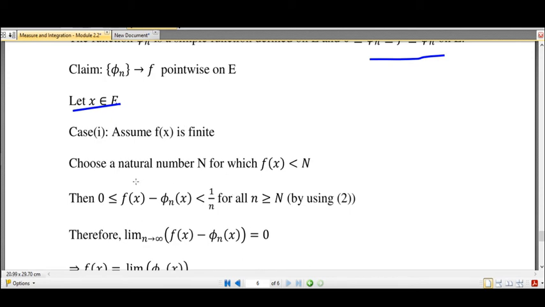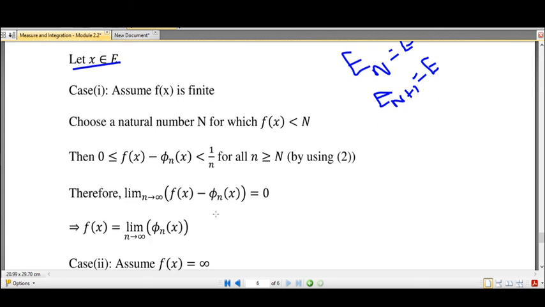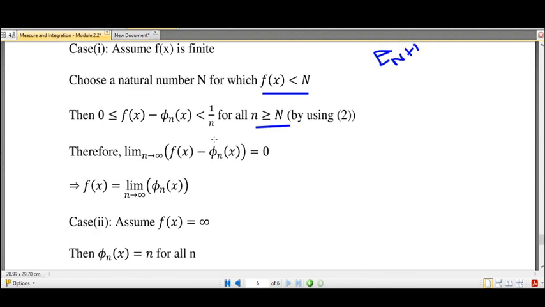Then we choose a natural number capital N for which f of x is less than N. Then f of x minus phi n of x is greater than or equal to 0 but less than 1 by n for all n greater than or equal to N. Therefore we apply the limit as n tends to infinity, and we get that it is equal to 0.